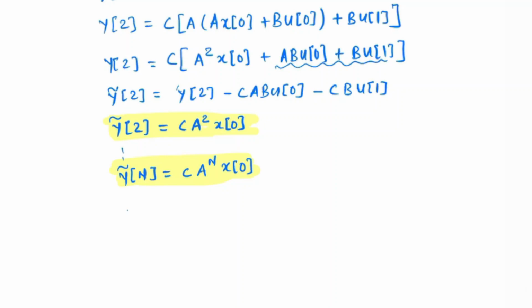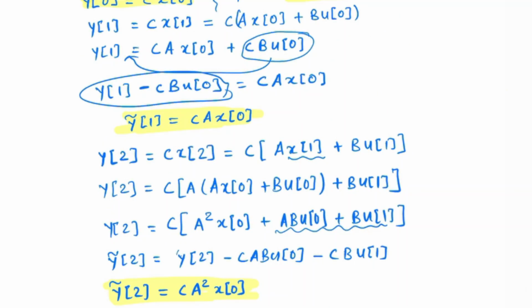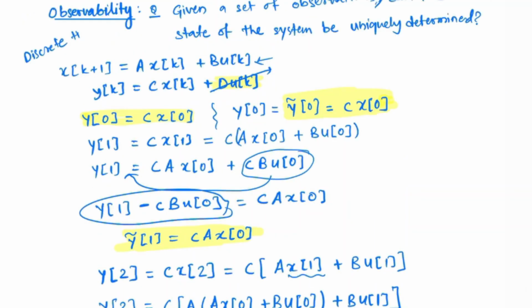So if I were to write a matrix equation, where you have y0, y tilde 0, y tilde 1, y tilde 2, and so on up to y tilde n. Although we did not consider this d of uk term, you can also club that d of uk term into this y tilde, right?